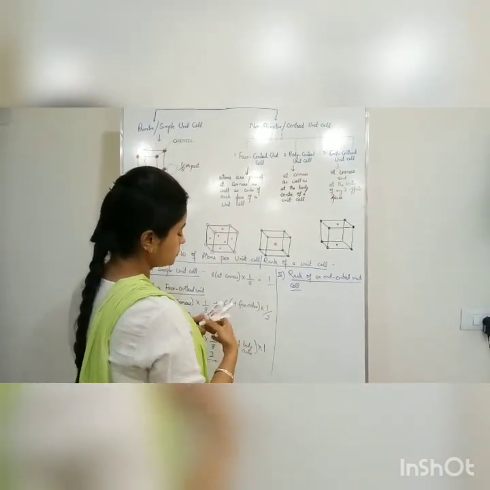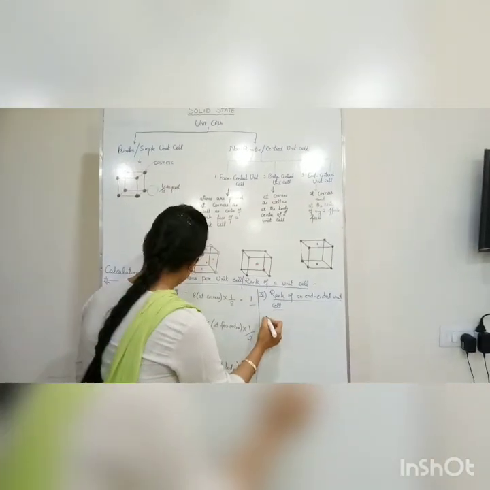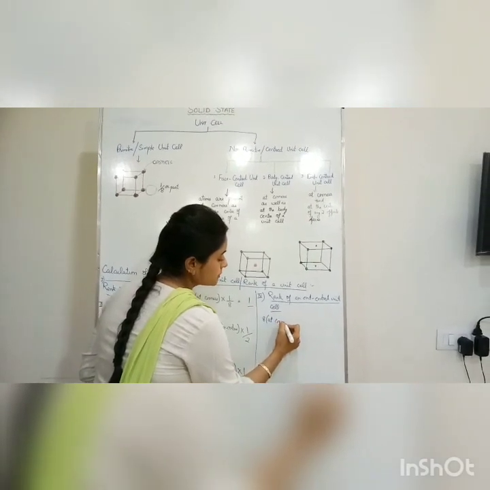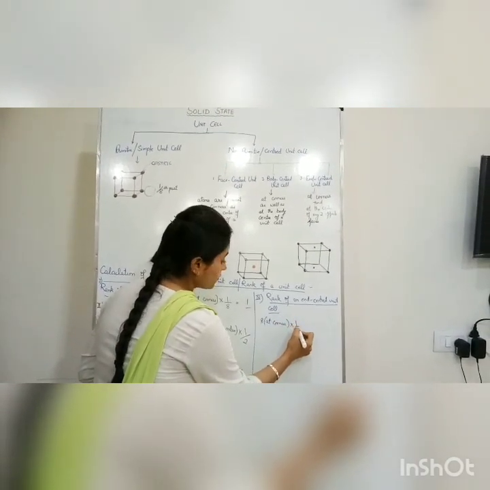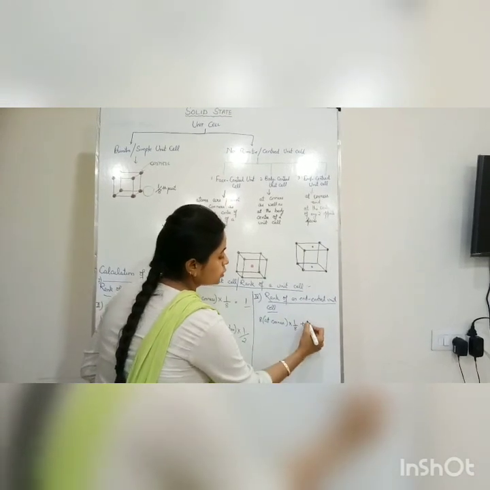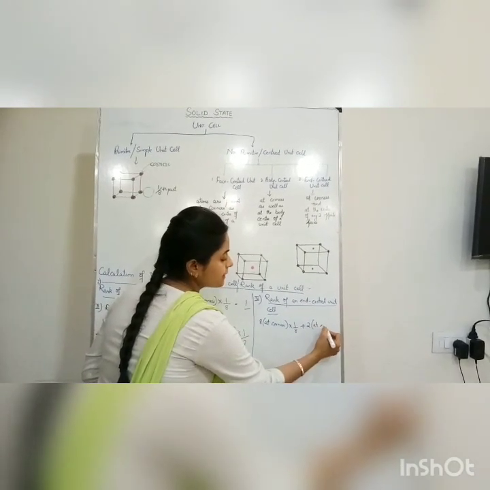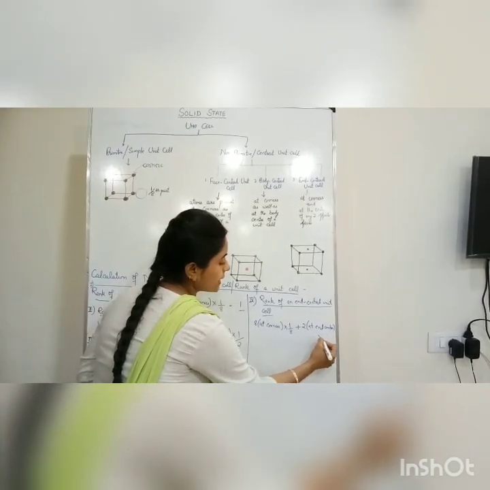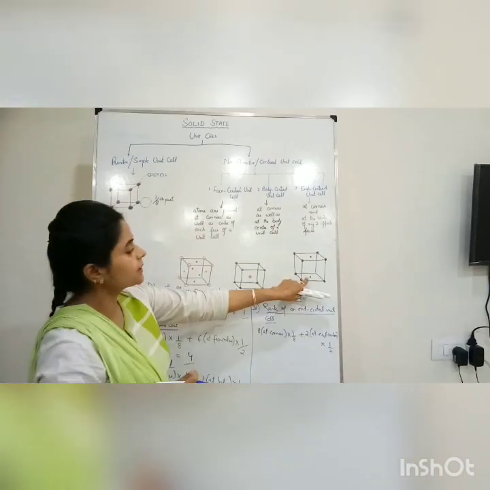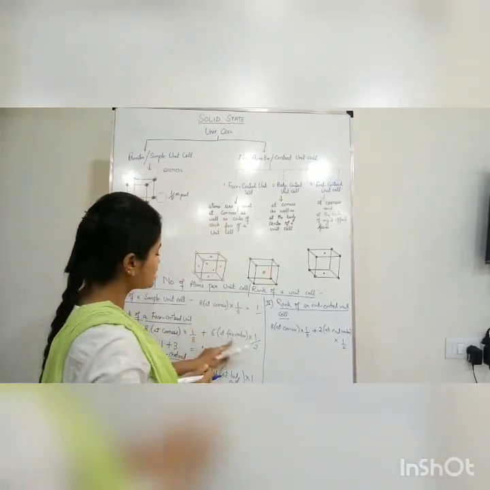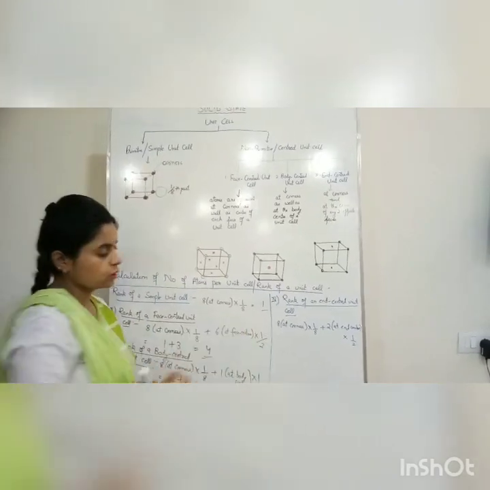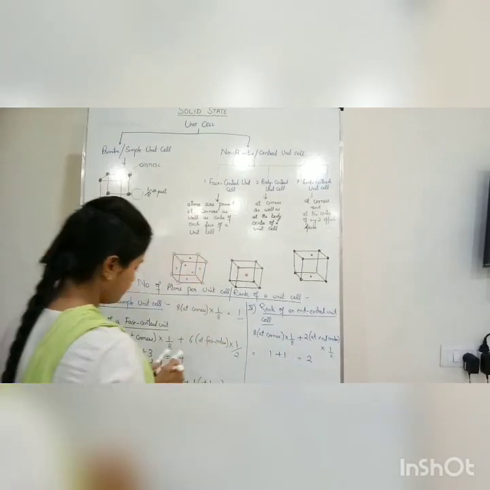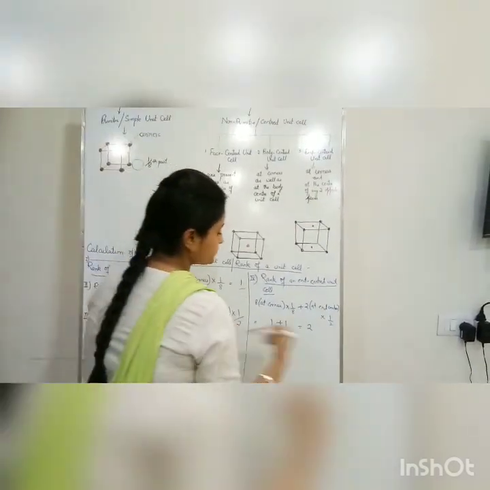So its rank can be calculated like 8 at corners into 1 by 8 its contribution plus 2 at end centers into its contribution, that is 1 by 2, because it is similar to a face-center atom and each face-center atom has a contribution of 1 by 2. So it comes out to be 1 plus 1, that is 2.